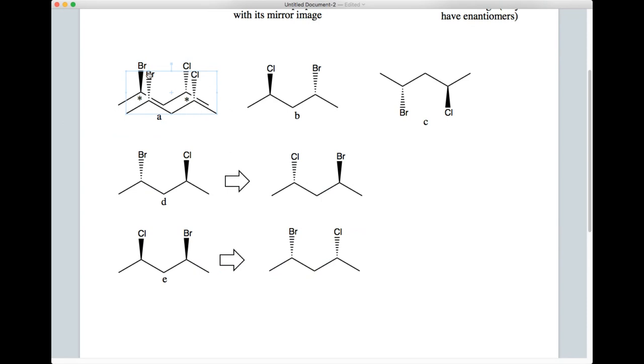So when you have more than one chiral center, obviously, if at least one of them is the same and the rest are different, they will be diastereomers, okay? So A and E are diastereomers.